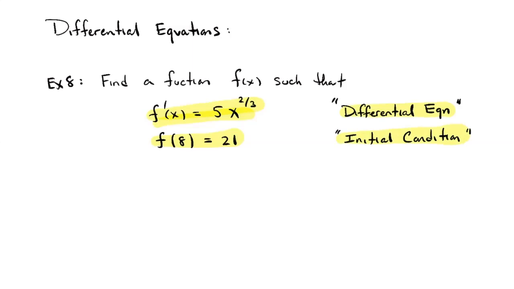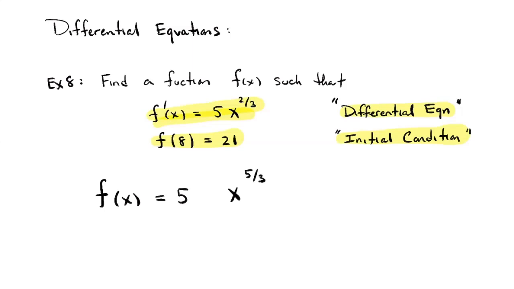Well, if we want the derivative to be 5 times x to the 2/3, then we should antidifferentiate. So our function should be, I'm just going to use our rules as we go. 5 is a constant multiple. X to the 2/3 is a power, so I'm going to add 1 to 2/3. 1 is 3/3, so if I add that, I'll get 5/3.